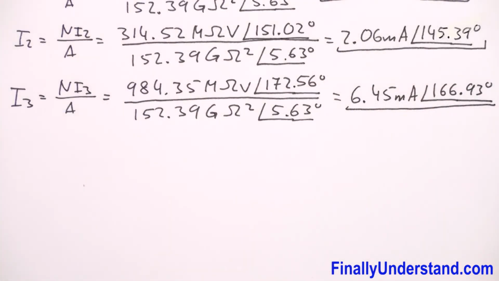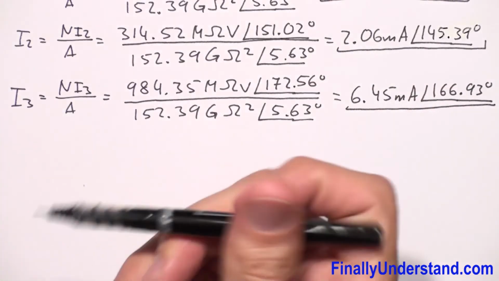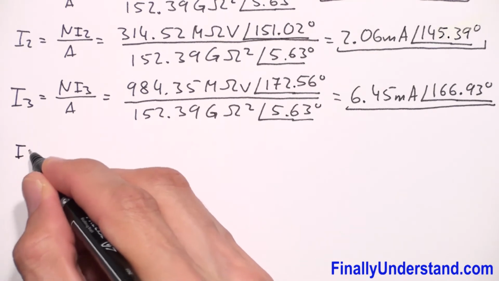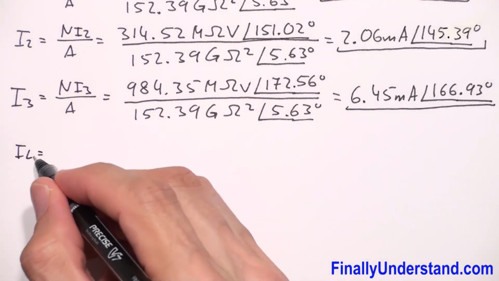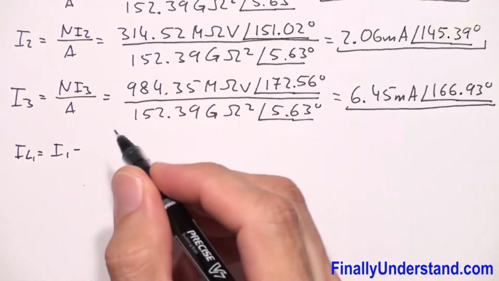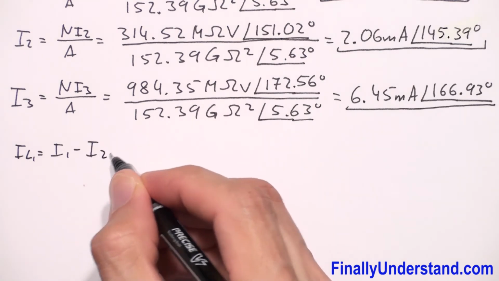Okay, so I have IL1 is equal I1 minus I2.